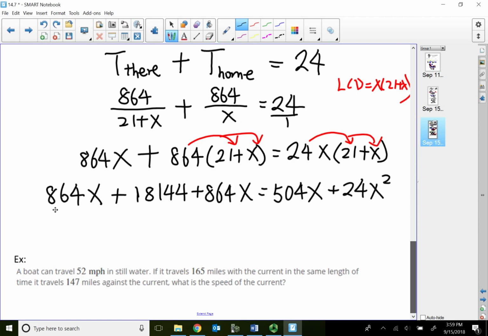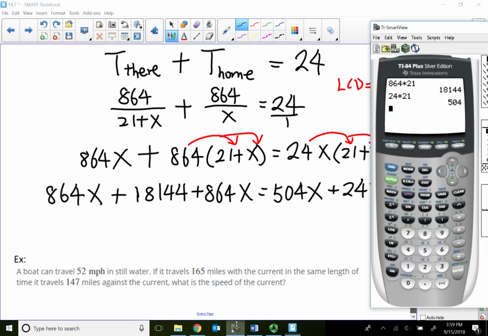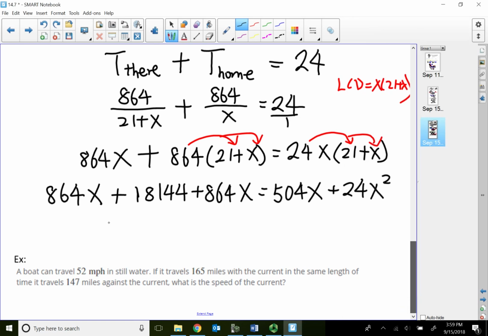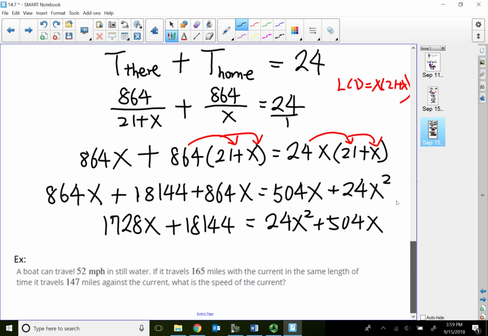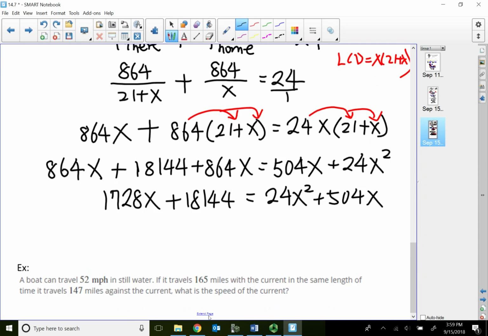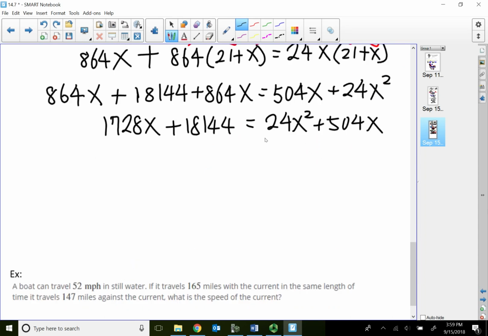All right, let's see. 864x plus 864x on the left side. 864 times 2 is 1728. 1728x plus 18144 equal to 24x squared. I'm going to put this in front of the 504x. All right, lovely. Alrighty, let's move the 1728x and the 18144 over.